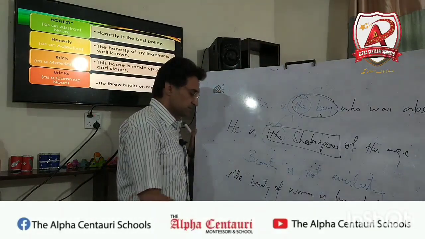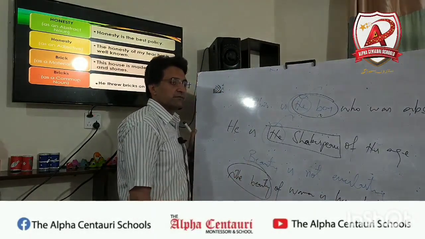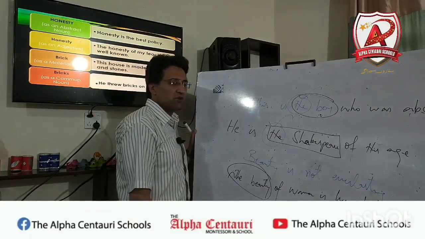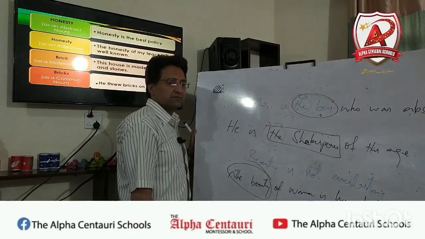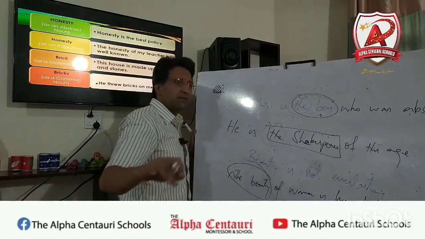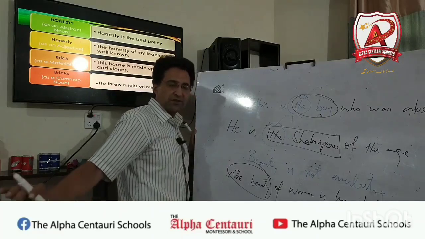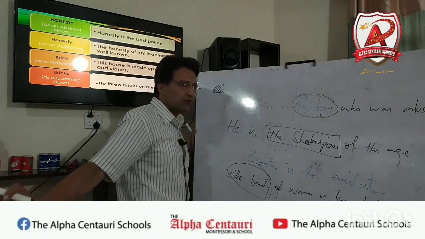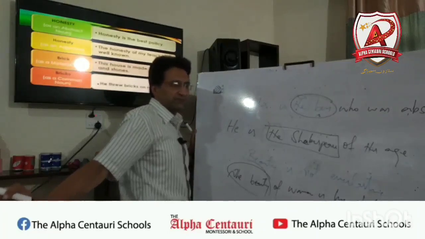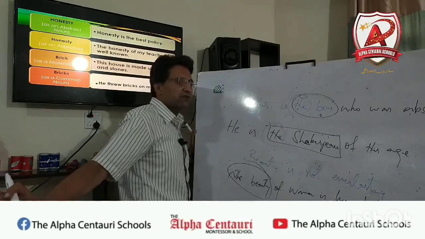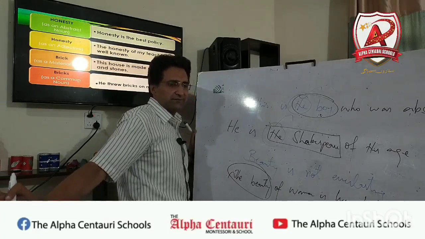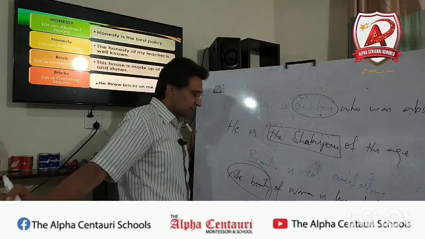Now look at this. Is it a noun here? No, it's an adjective. For example, she is the beauty of my family. I'm not using it as a name now. Am I clear? I'm not using it as an abstract noun. I'm using it as an adjective.